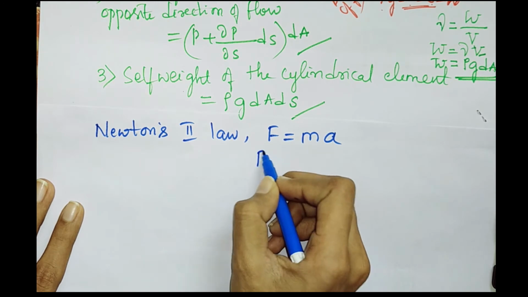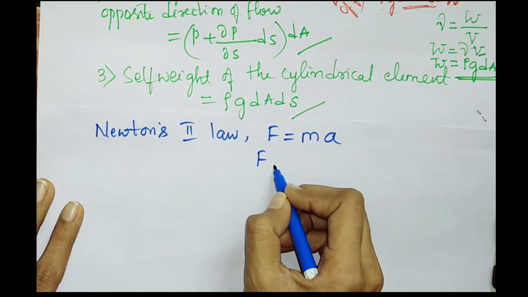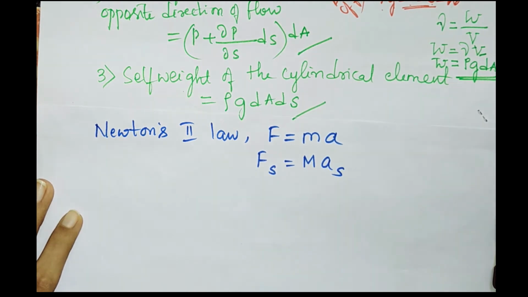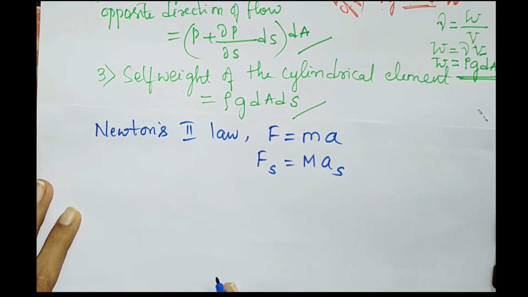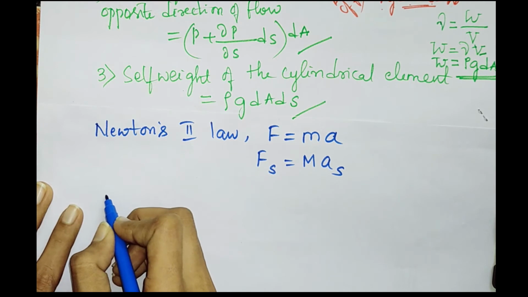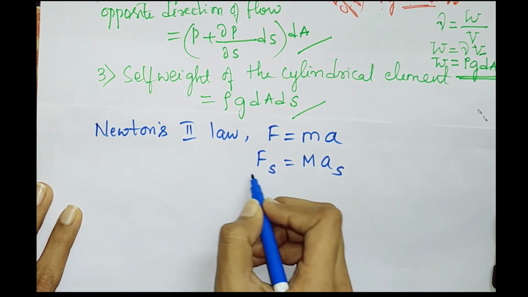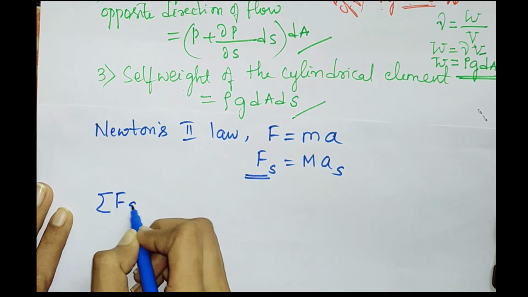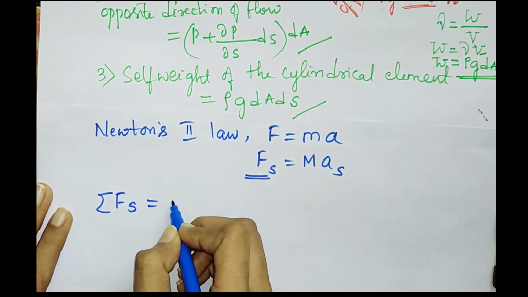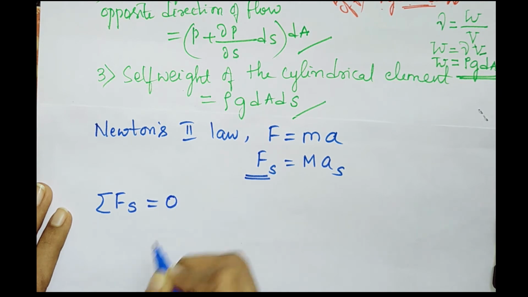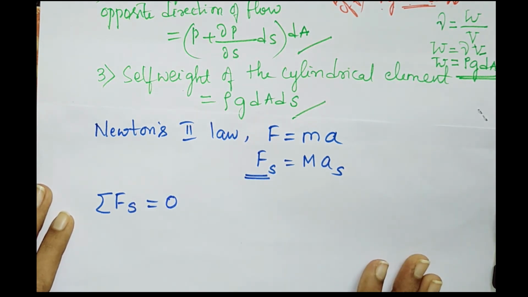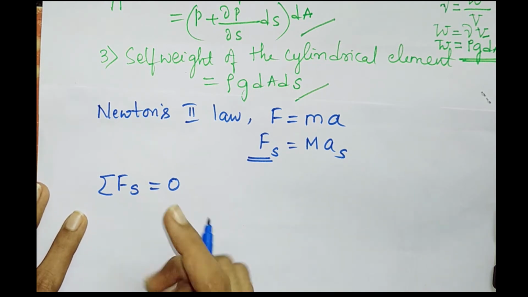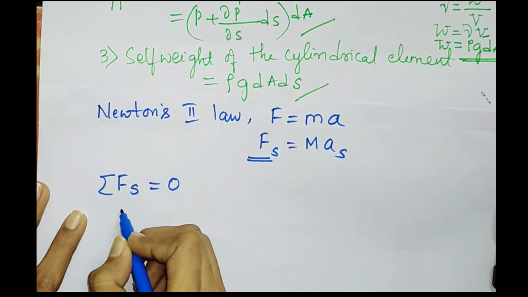Here we are considering the forces along the s direction and mass into acceleration along the s direction. To calculate F, we have to consider the summation of forces, or the equilibrium of forces, along the s direction. What are the forces which act in the s direction?